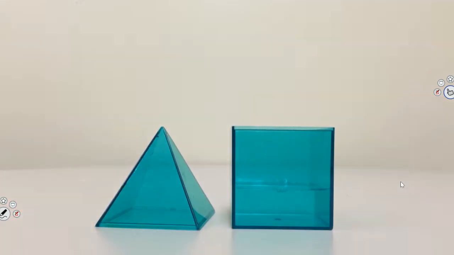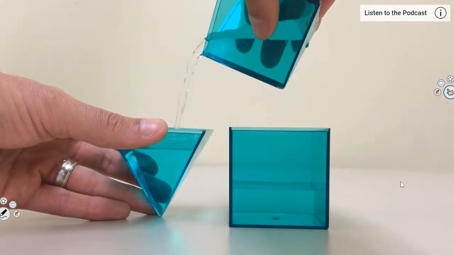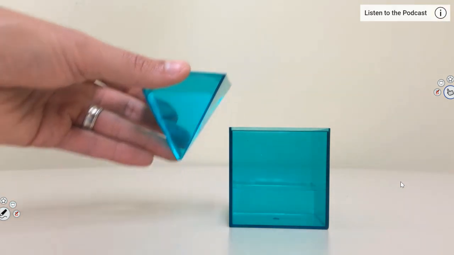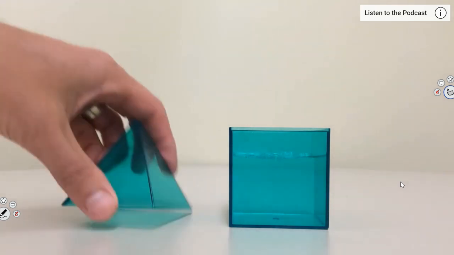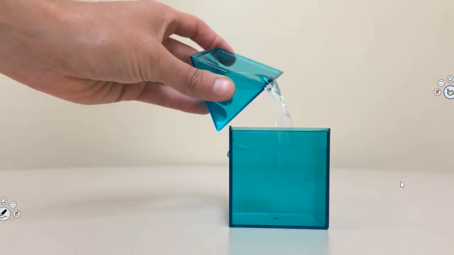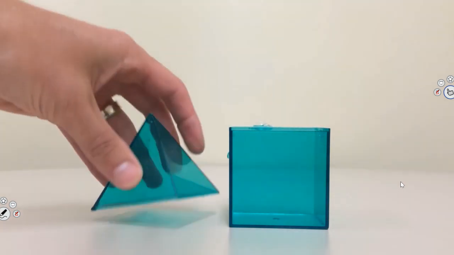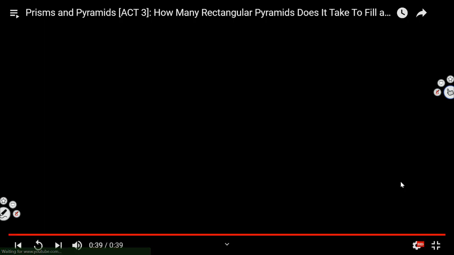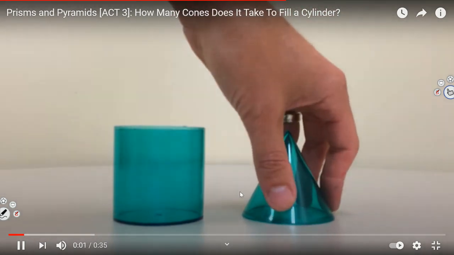So there's one pyramid that fits inside its prism. Second pyramid. Third, 3 pyramids fit inside that prism.